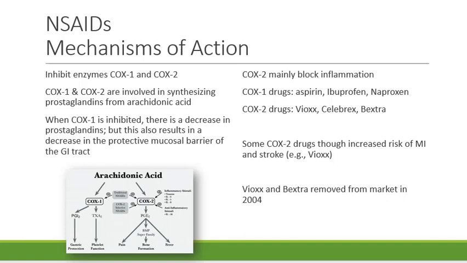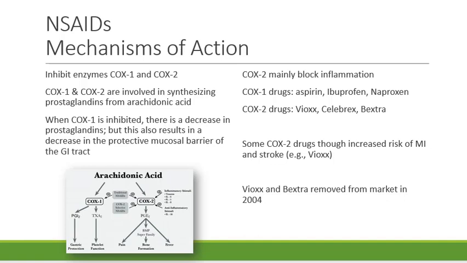COX-1 and COX-2 enzymes synthesize prostaglandins from arachidonic acid. Arachidonic acid is an essential fatty acid which we consume in our regular diet. It's considered essential because it is a requirement for proper functioning of the human body.